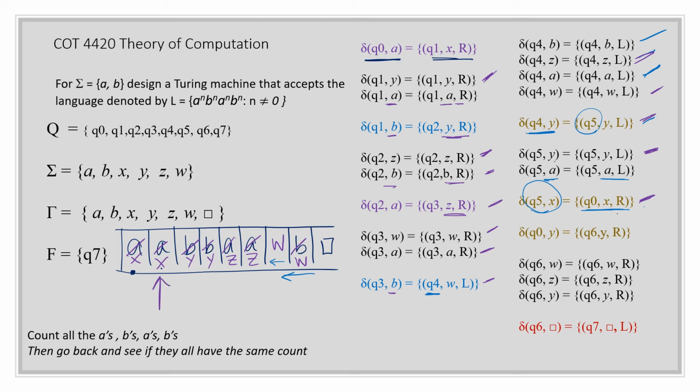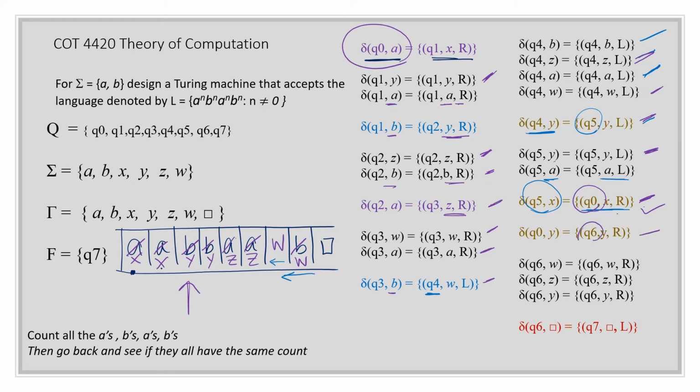So this is where you're going to go to Q0 and you're going to go right. Now, if this was another A, we would continue back over here, but it is not another A. It is a Y. So we now know that we have taken care of all of our A's. So now we have a Y here.